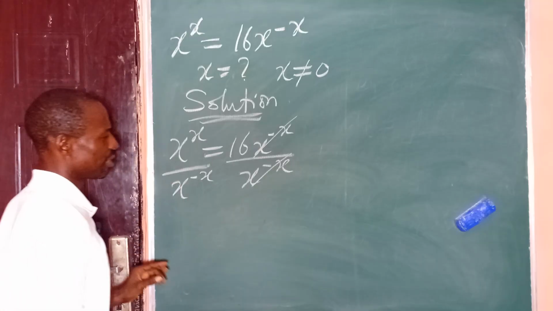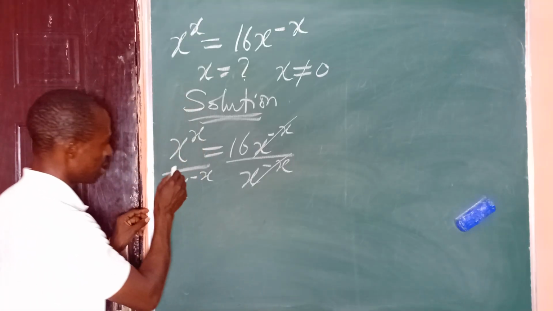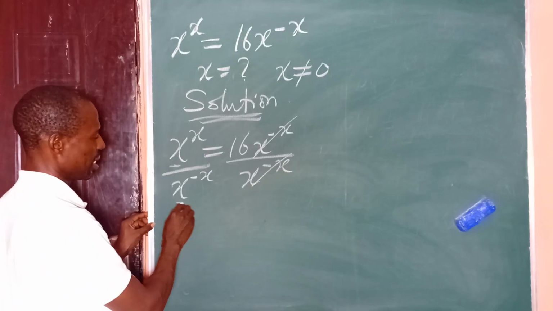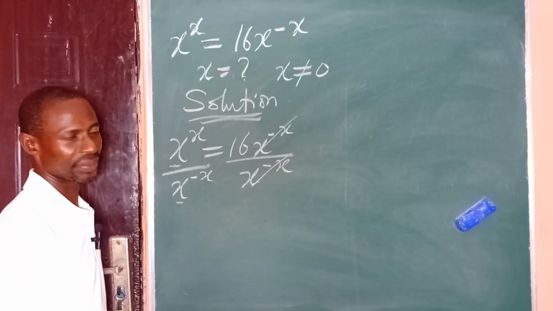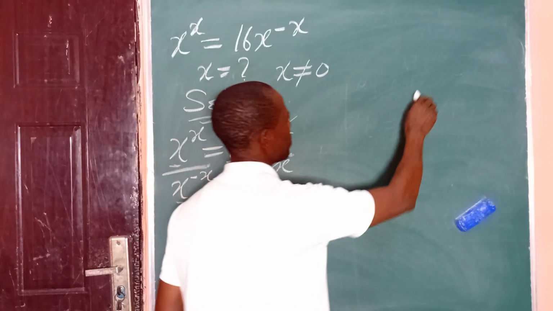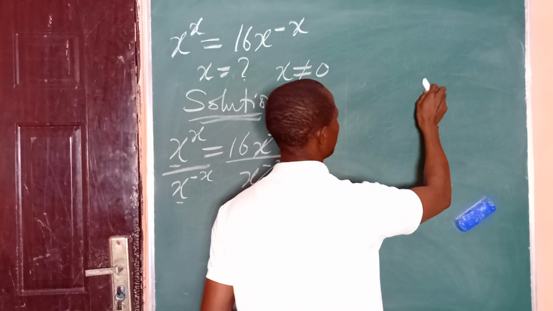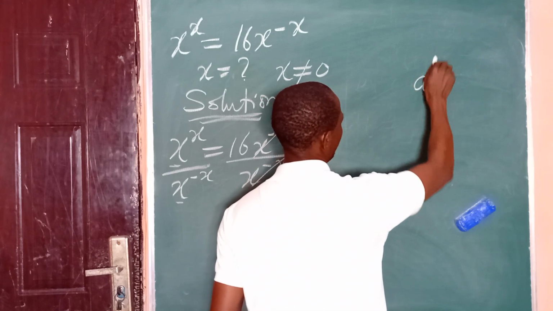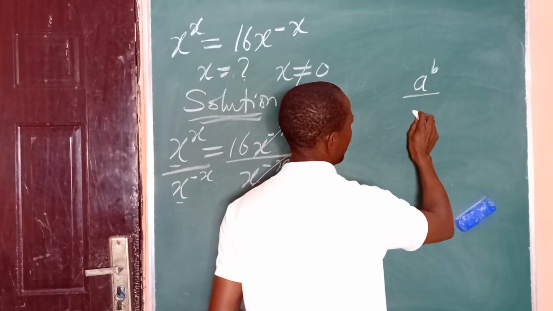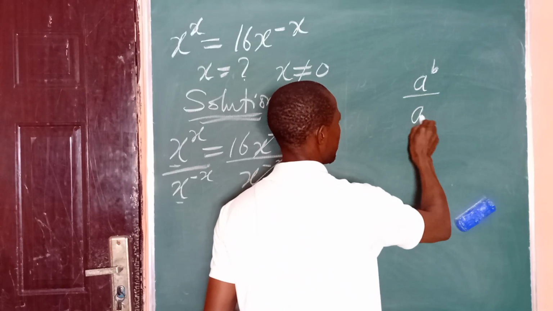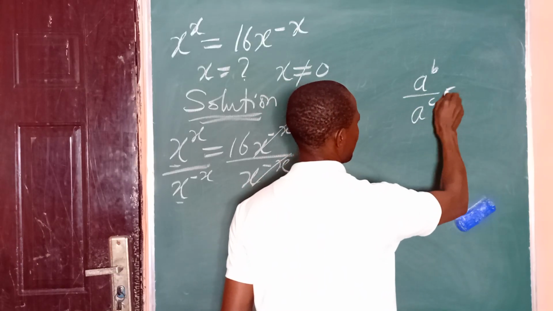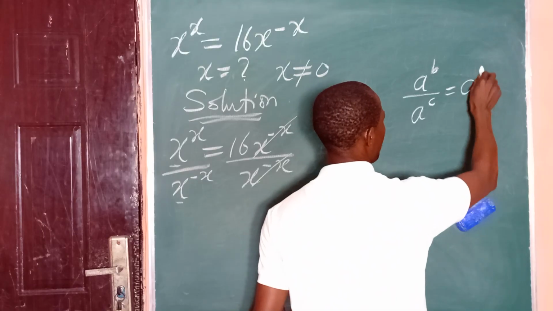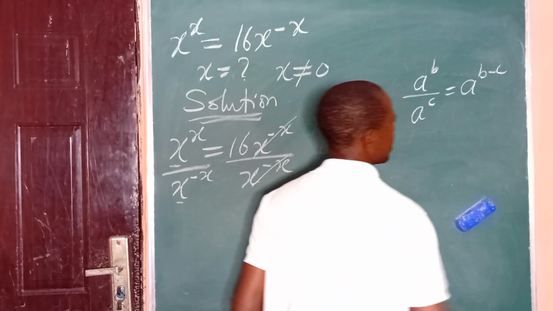Now, if you check this side of the equation, this is the base quantity, and this is the base quantity. They are the same. So we apply a law in indices which says that a to the power of b all over a to the power of c is equal to a to the power of b minus c.